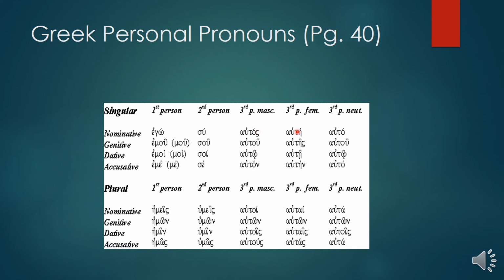Third person feminine, her, is aute. Of her, nominative her, or she. She is the nominative, she ate the apple. But if I'm going to say the apple of her, it's autes in the feminine form, which is the genitive form, genitive or adjective. Aute is the dative form in the feminine, and this is to her, or in her, or on her, or over her, and there's the iota subscript.